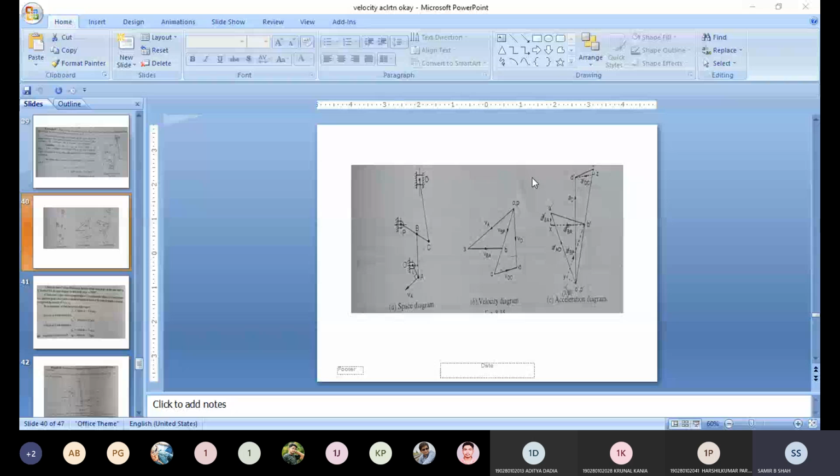Now with a suitable scale, after getting A dash, we focus here on the link AB. There is no acceleration given to us, no alpha given to us, so we have to use both the radial and tangential parts.